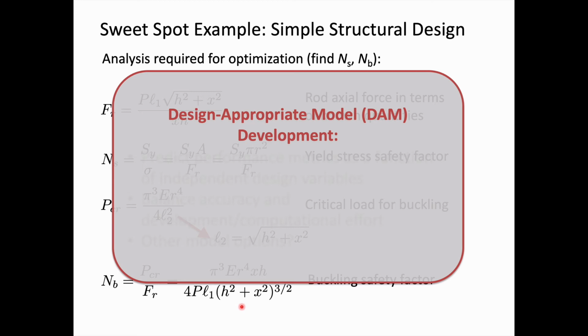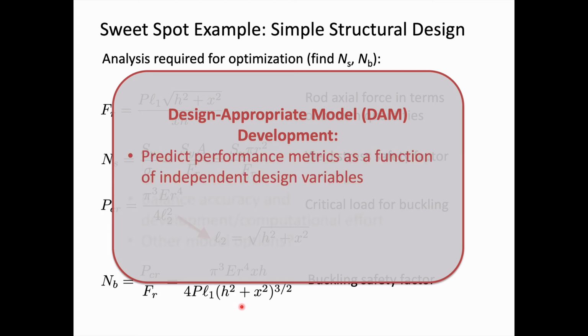As we're developing models, we need to keep a number of things in mind. We need to predict performance metrics as a function of changes in independent design variables. Not all models are going to be able to do this for us. We need to capture in the model the underlying physical mechanisms that pertain to how the system performance changes with design.